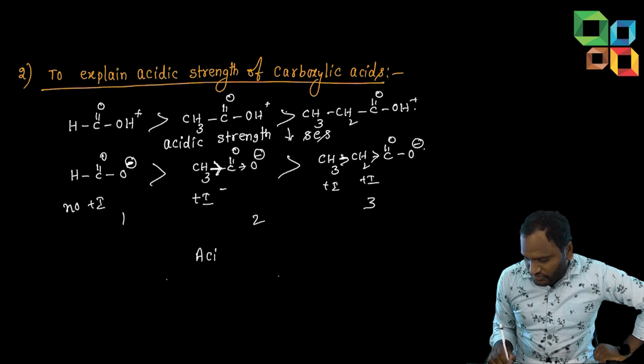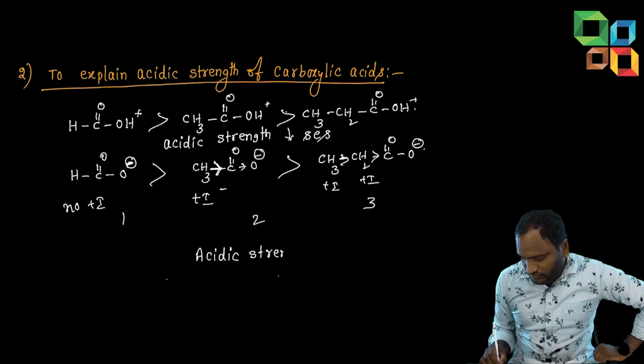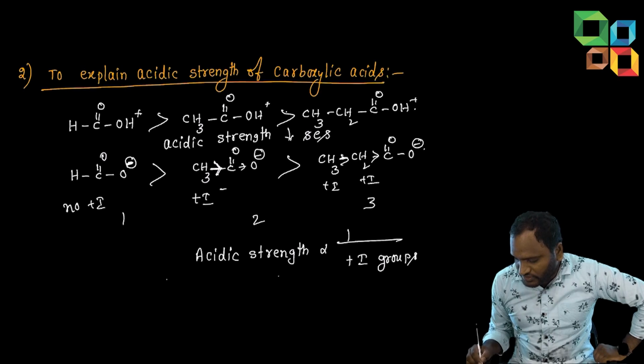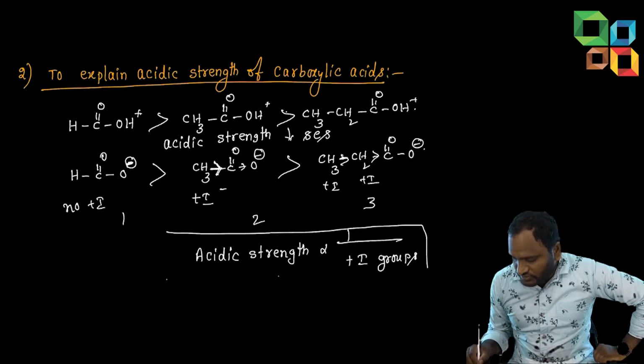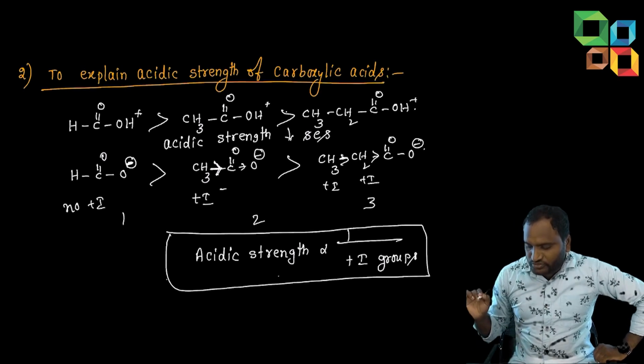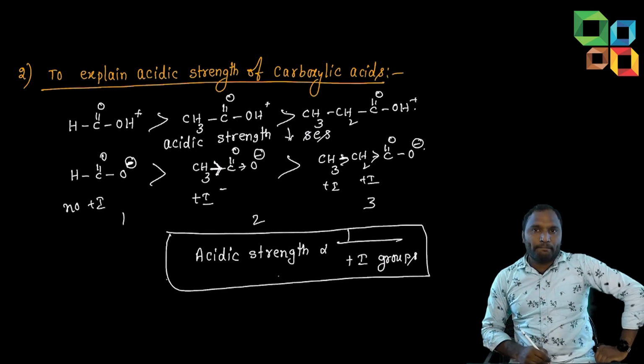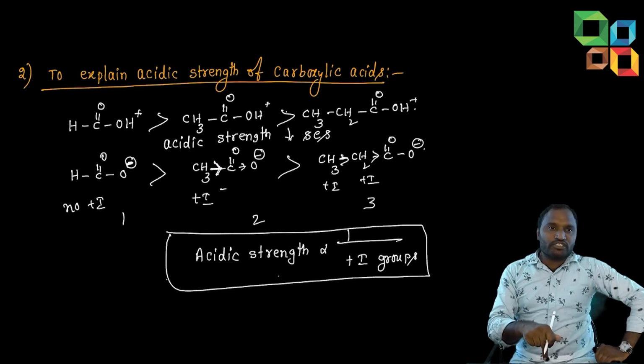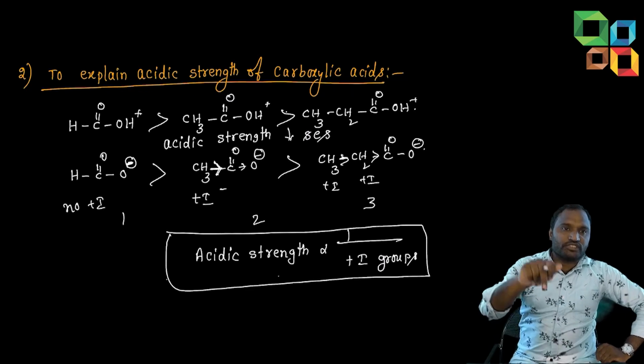Acidic strength is inversely proportional to the number of plus I groups. If the number of plus I groups increases, acidic strength decreases. Understood, students? After losing H plus ion, you have to check the stability. Whichever is more stable, the respective acid is more acidic.